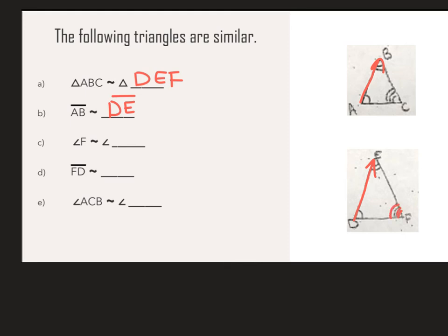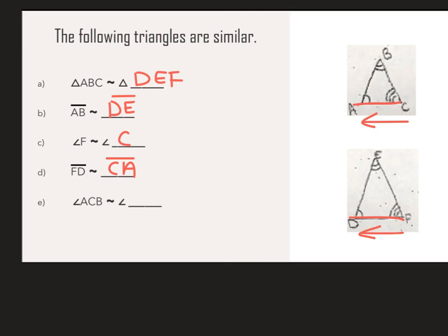Angle F has those 3 lines, which corresponds to angle C in our first triangle there. Side FD corresponds, well, FD is down here. We're going that direction. That would correspond to side CA. So make sure order matters. We're going from C to A.